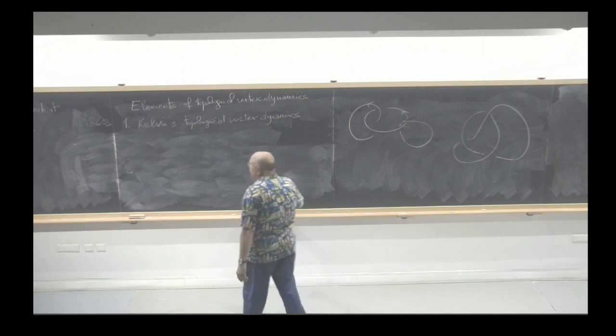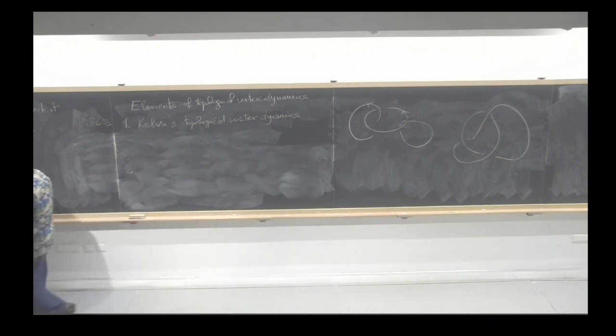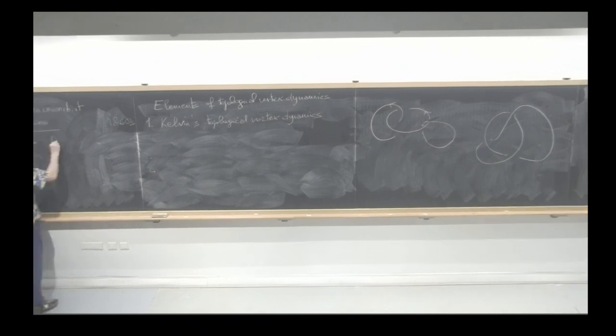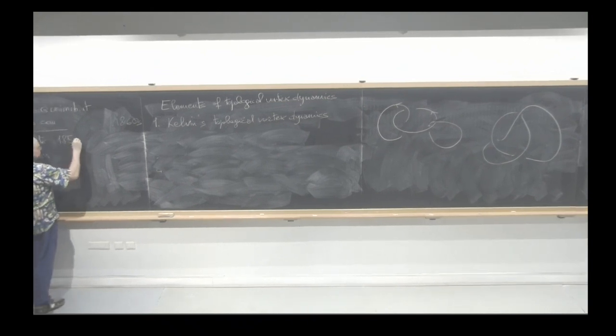And he relied on Helmholtz's work, the conservation laws of Helmholtz. And there is a little footnote of Helmholtz on Riemann. This is a paper from 1858, and this is the paper by Riemann. It is 1 month earlier, December, and this is January.